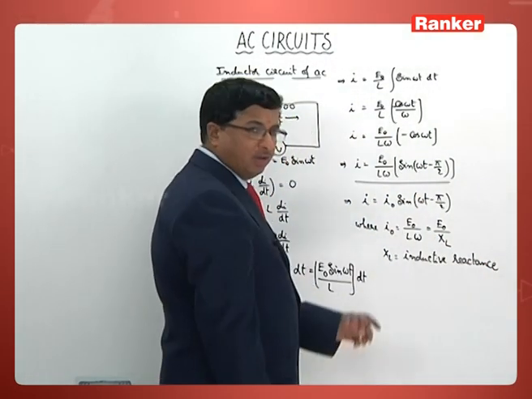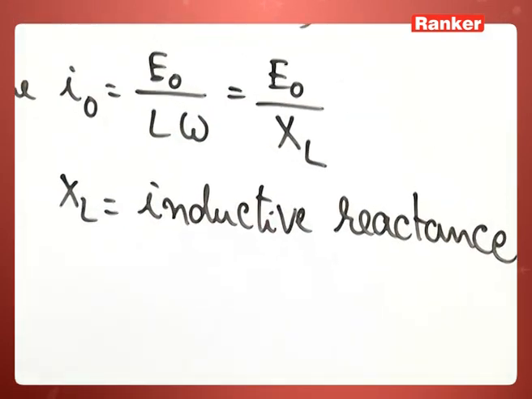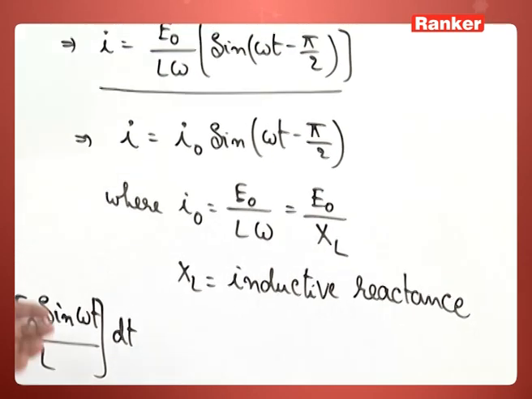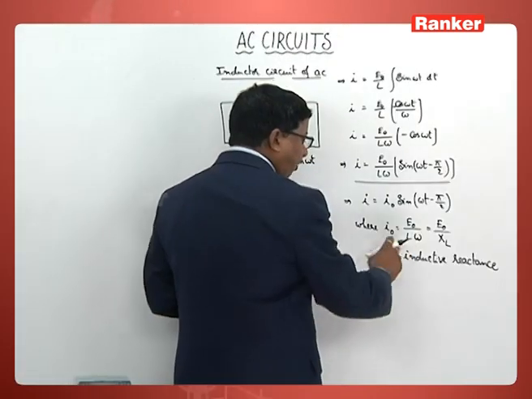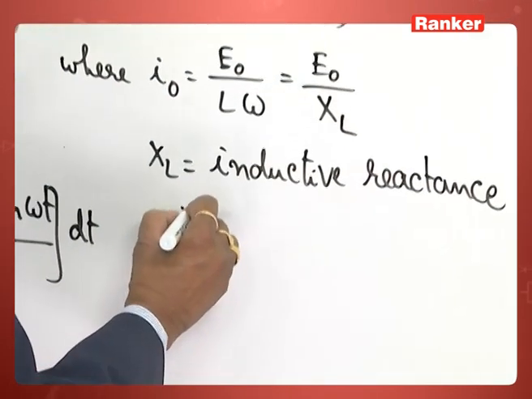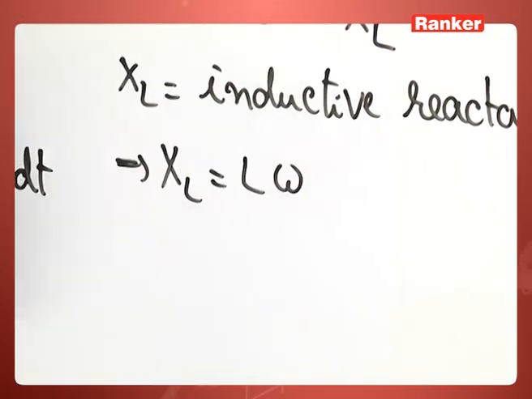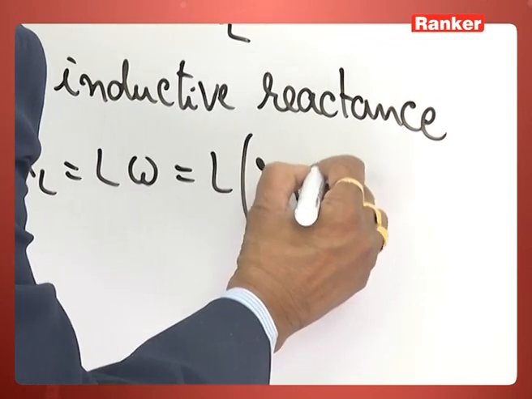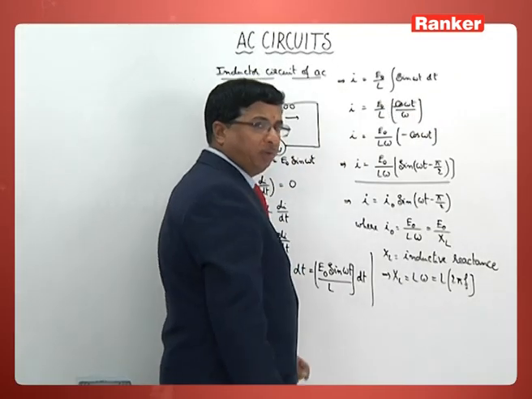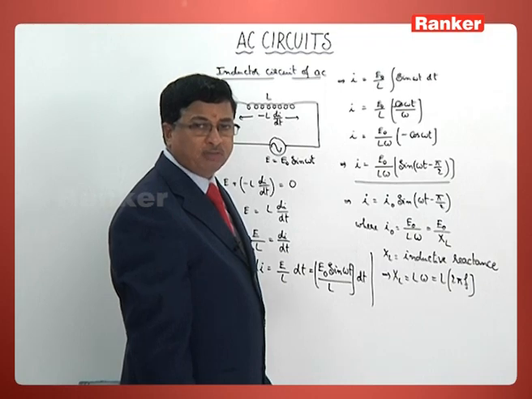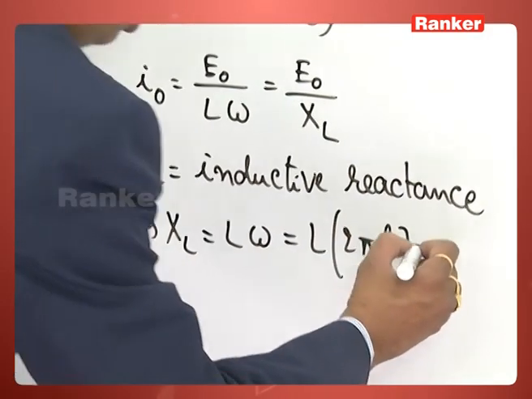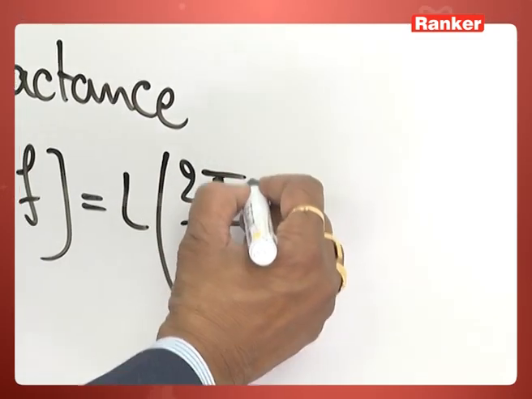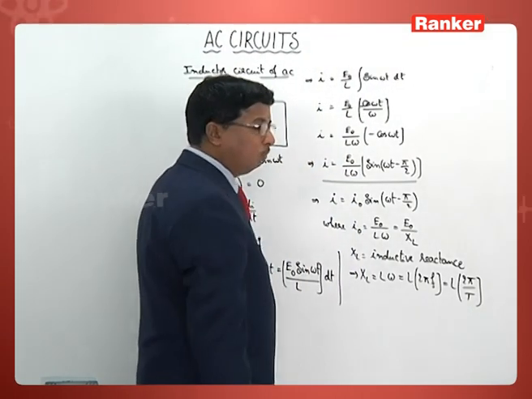Inductive reactance is nothing other than the resistance offered by the coil that is connected in the circuit. It is represented by XL and its formula is L omega, and we can even rewrite it as L into 2 pi f. Omega can be written as 2 pi into linear frequency. The same equation you can even write as L into 2 pi by capital T, where capital T refers to the time period.